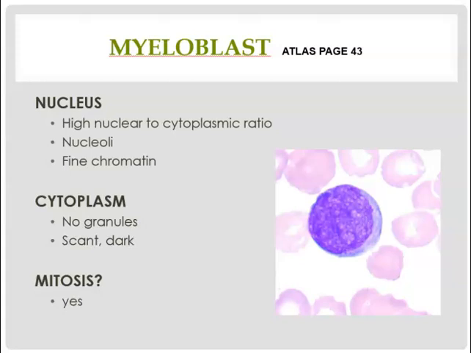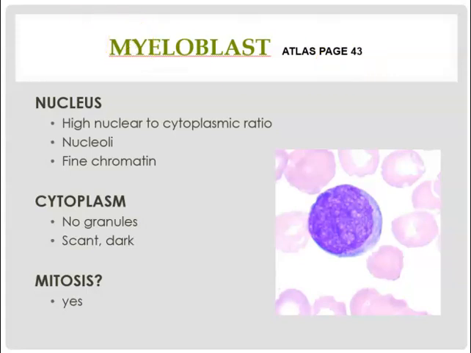The myeloblast is on page 43, and you'll be able to see more images in your atlas than the PowerPoint or the video provides. So do look at your atlas as we go along at each of these stages, and it'll tell you which page to look at in your atlas on the slide.